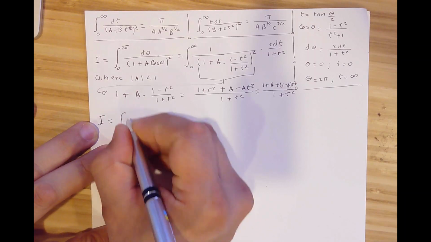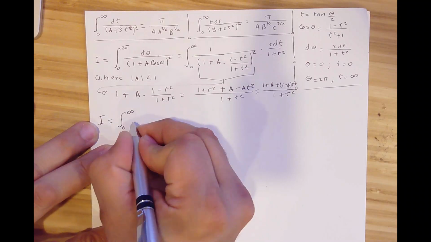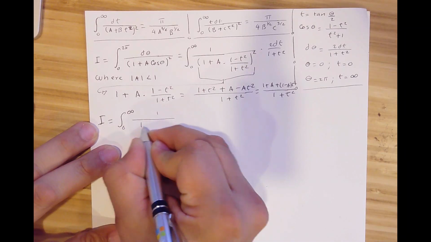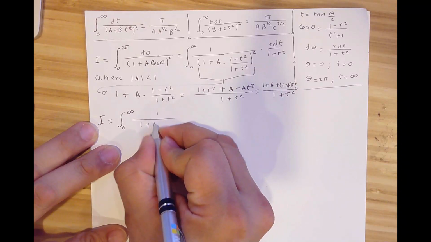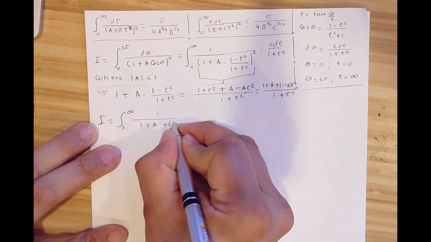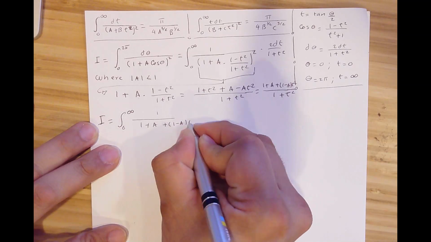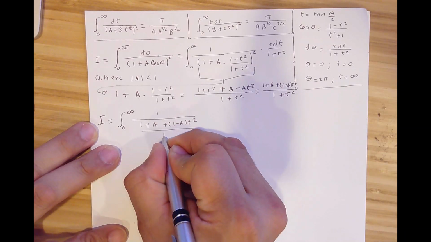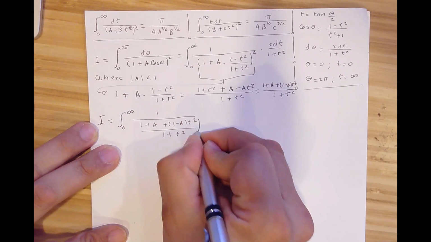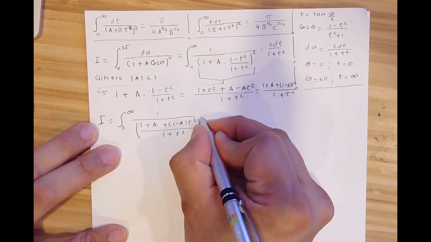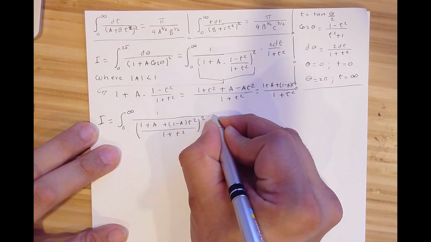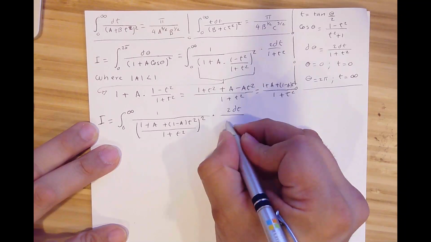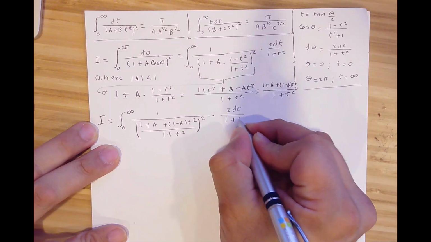We go from 0 to infinity of, again, it's super big, 1 plus a plus 1 minus a t squared over 1 plus t squared, squared, times 2 for the derivative of the 1 plus t squared, right?